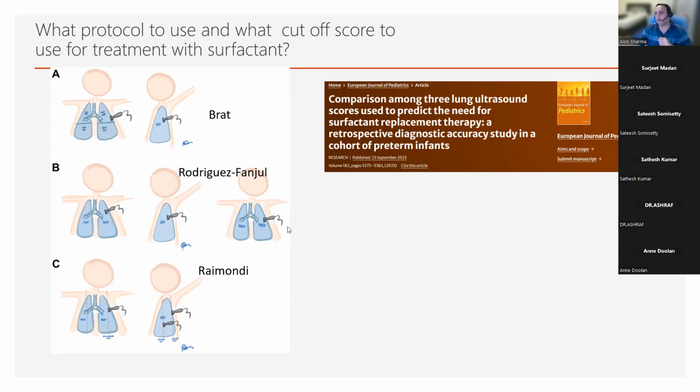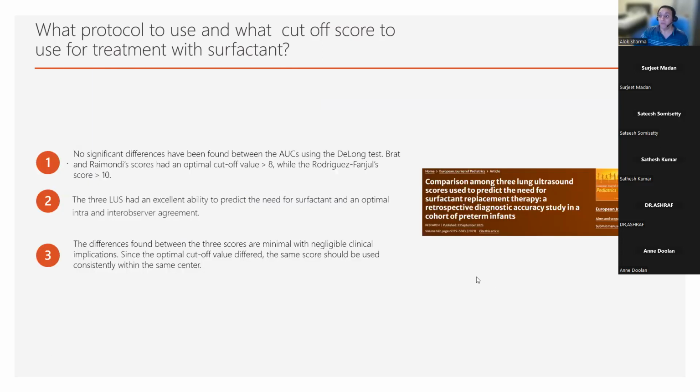And when they did a retrospective study using all three scoring systems in the same group of babies to see whether there would be differences in management or scores and the quantification of the severity of RDS, they found no significant difference for the area under the curve using the ROC methodology.